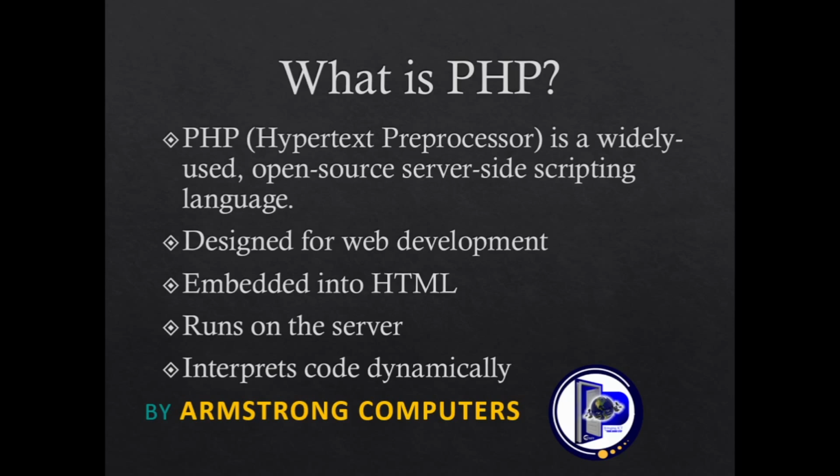It is also embedded into HTML, which means you can embed both PHP and HTML to create a complex system, whatever you want to create. And it is run on the server. So PHP is always run on servers.